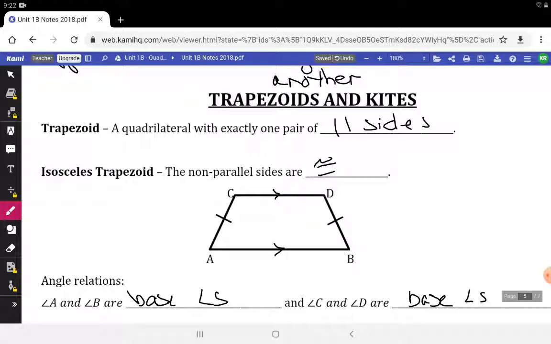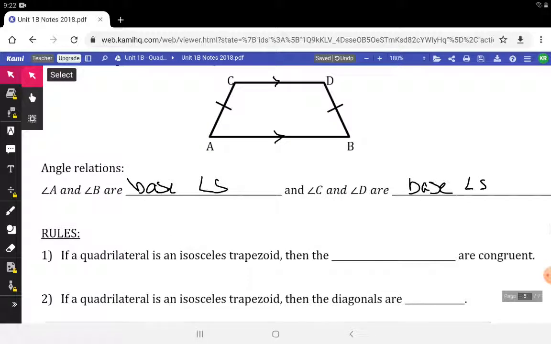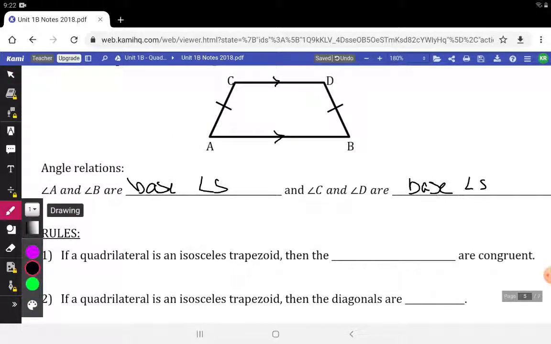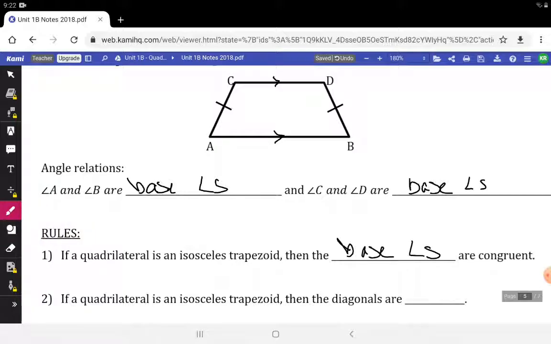If the quadrilateral is an isosceles trapezoid, then we know that the base angles are congruent. And we know that the diagonals are congruent. So these are the only two rules for trapezoids, and really they're specific to isosceles trapezoids, which is nice.